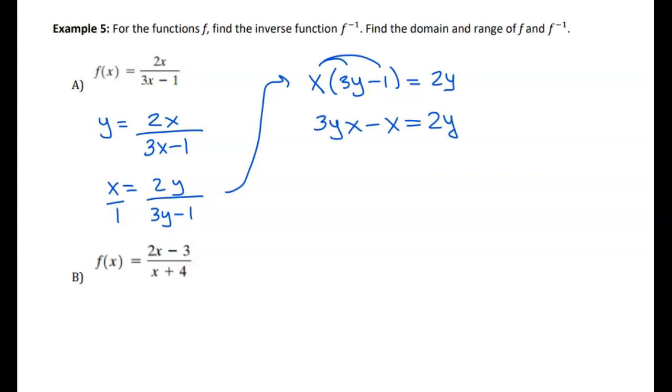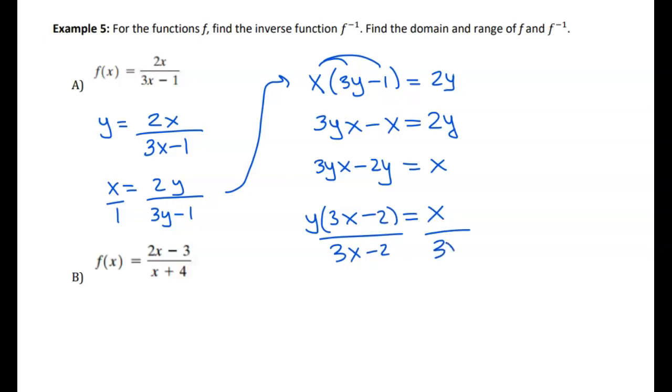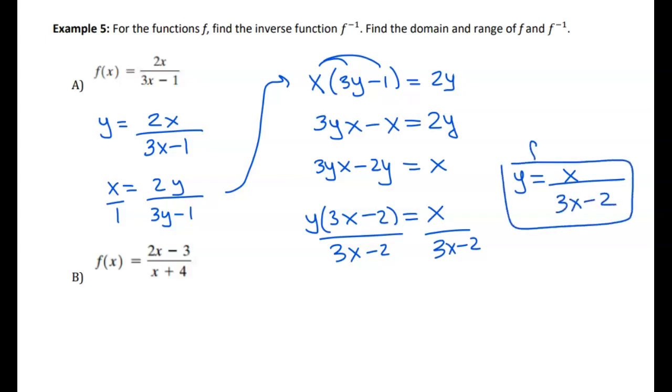Our goal is to get y by itself, so we're going to subtract 2y from both sides and add x to both sides. Now both these terms have y, so we're going to factor them. y times 3x minus 2, and then divide both sides by 3x minus 2. So y equals x over 3x minus 2. Right, so this here is the inverse function.